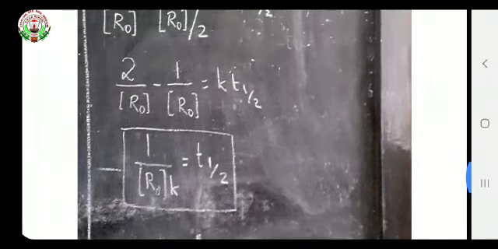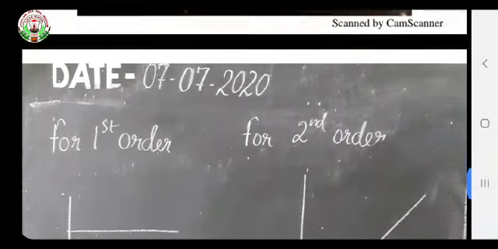Now these all are the expressions. With the help of these we will have lots of numericals, so there is a need to know all these formulas for solving the numericals.